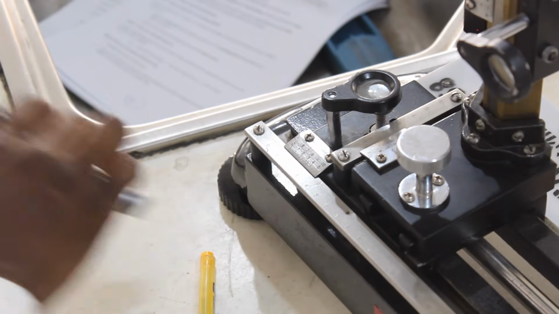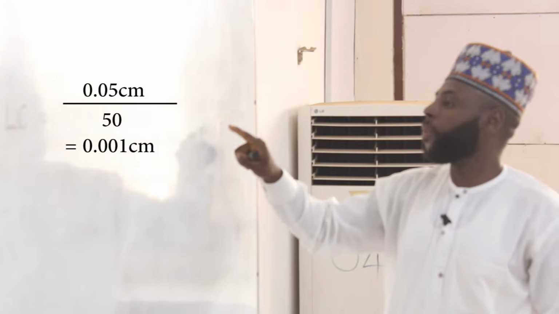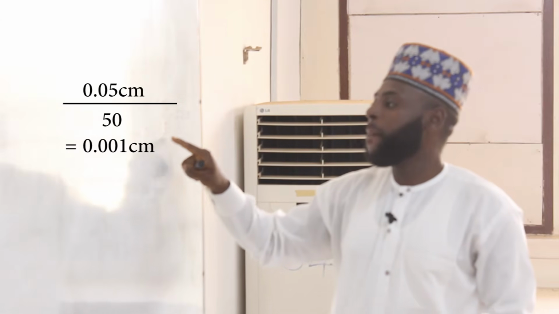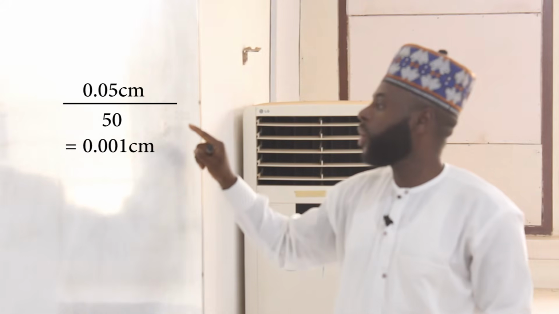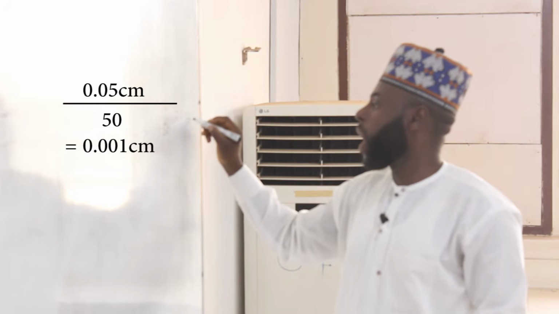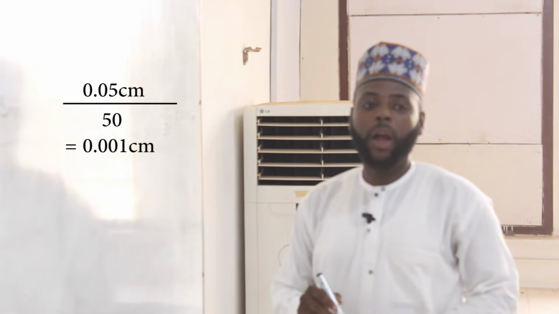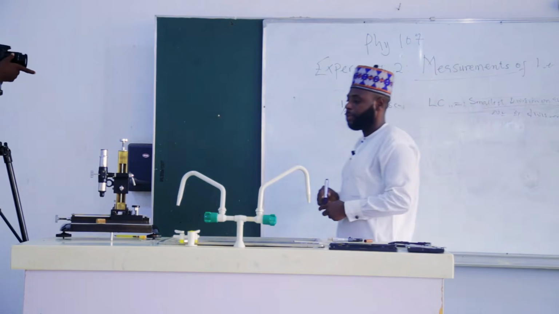So if we then divide 0.05 centimeter, which is the smallest division on the main scale, by the number of divisions on the vernier, which is 50, we are going to get 0.001 centimeter. We can confirm our calculation on the instrument itself.